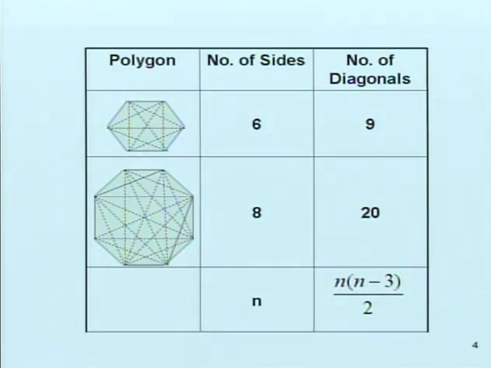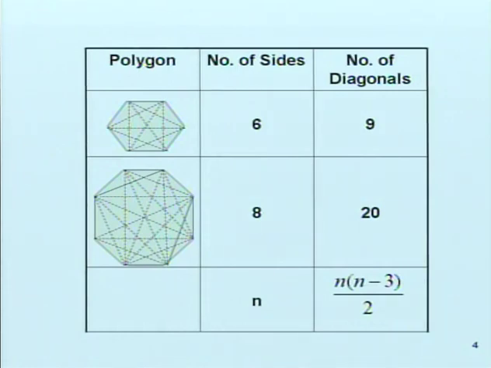The hexagon has 6 sides, and when the diagonals are drawn in as shown, we will have 9 diagonals. And the second shape there, with 8 sides, is called an octagon. When the diagonals are drawn, we discover that there are 20 diagonals in the octagon.